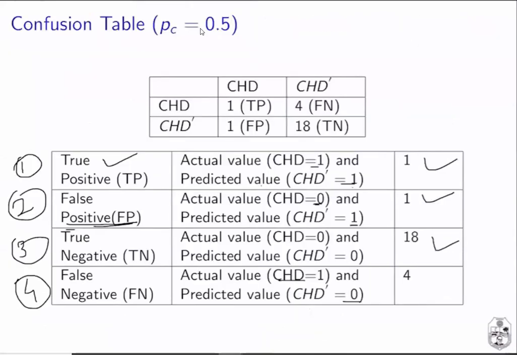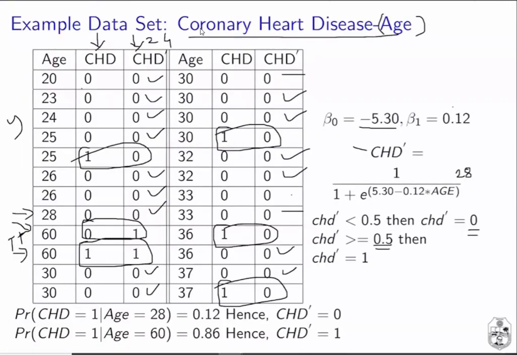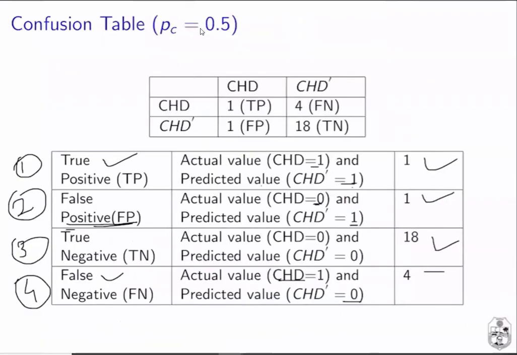So these types of entries are called false negatives. Once you have predicted the values, you need to calculate how many true positives, true negatives, false positives, and false negatives there are. Then those entries you need to count, and those counted entries are represented in a table called the confusion table.